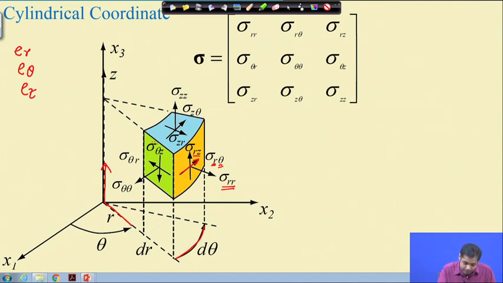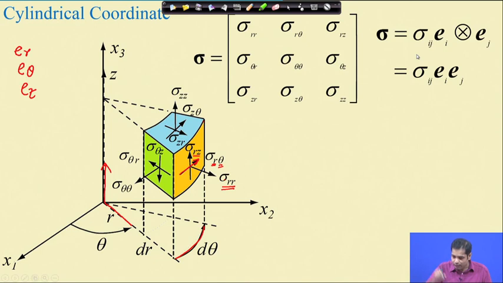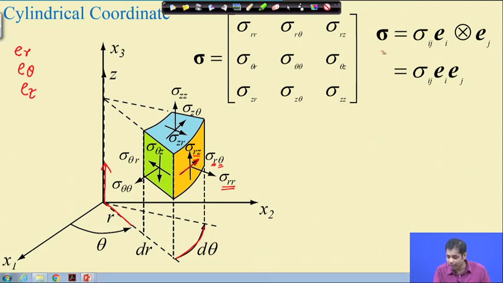Similarly, on the other planes we also have 3 stresses each, and we follow the same approach to represent them. Now, recall that any second order tensor, including stress, can be represented in indicial form like this. E i and E j are the basis vectors in the r, theta, and z directions, and sigma ij are the components.